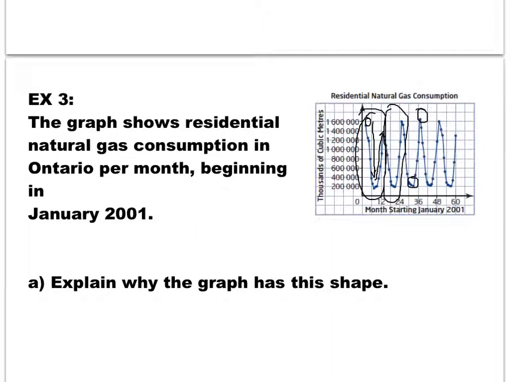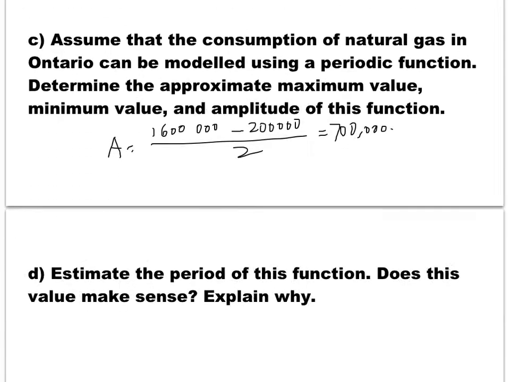You can see that it takes 12 months, which makes sense because 1 year is 12 months, and this one is based on every month during the year. So the period of this function is going to be 12 months.